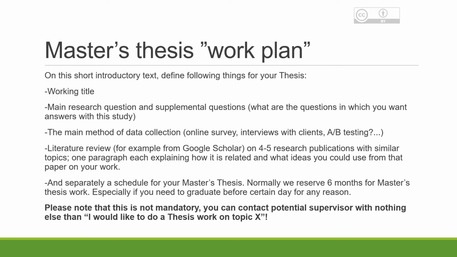So basically, make a master's thesis work plan. This is a very short introductory text. It basically gives a few items such as the working title of your work, the first iteration of your research question, and supplemental research questions. So basically, what are the questions you want to answer with this study?